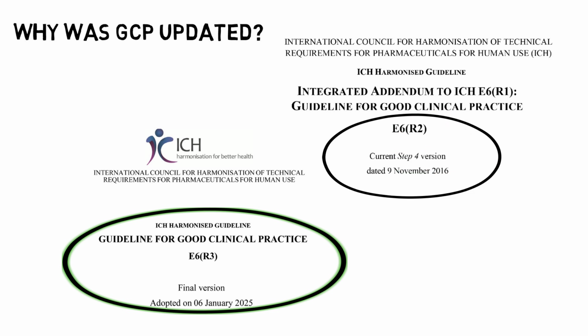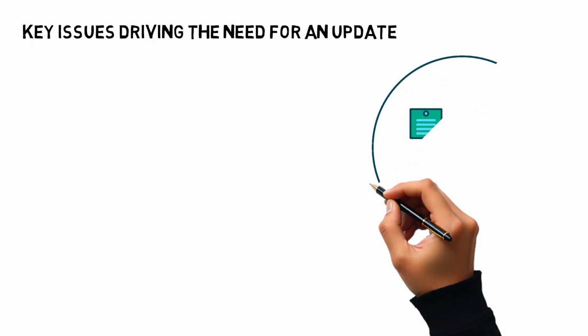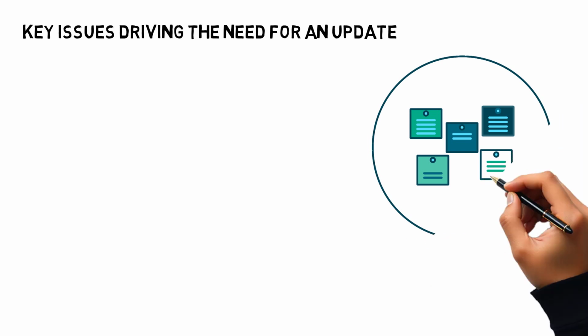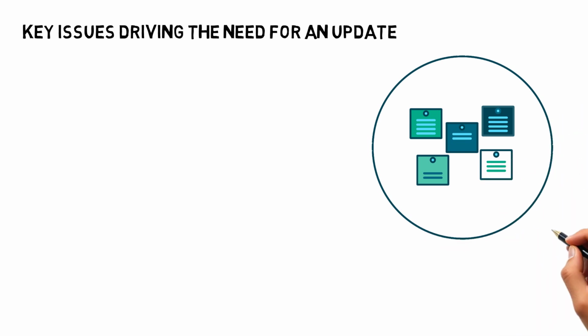By 2017, the ICH reflection paper highlighted concerns that R2 did not fully address the diversity of participant risk levels and trial designs. Key issues driving the need for an update included the rapid evolution of the clinical trial ecosystem, which was not reflected in the existing guidance.